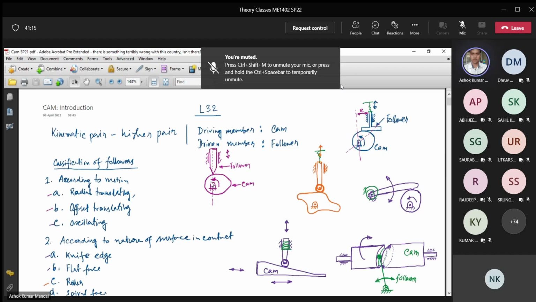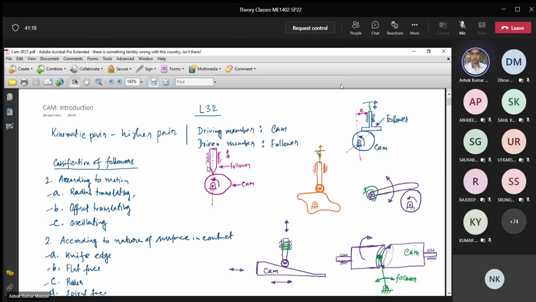Or at some point of time you want to open the nozzle of the oil injection, so that also can be done using this cam.